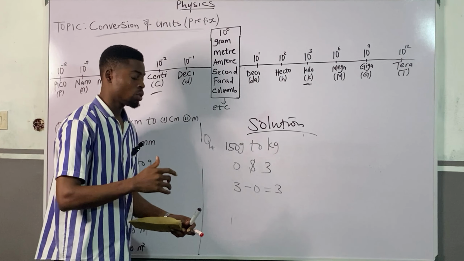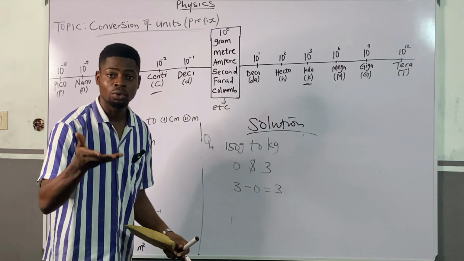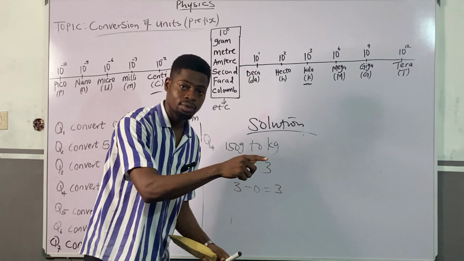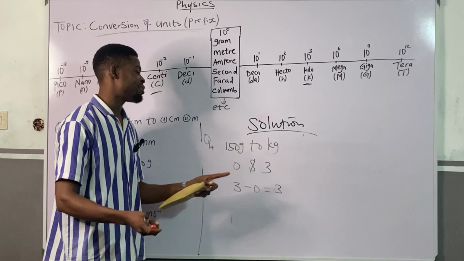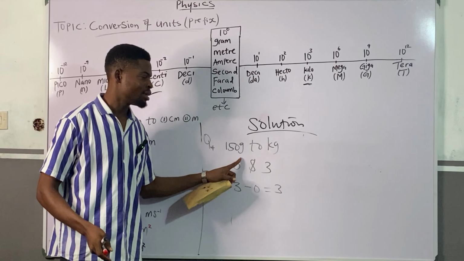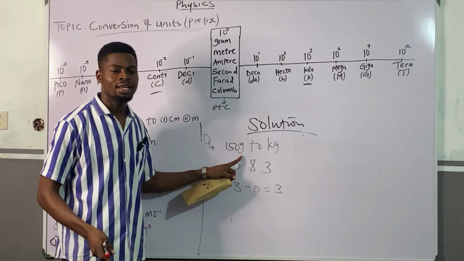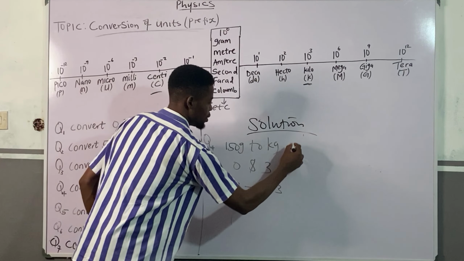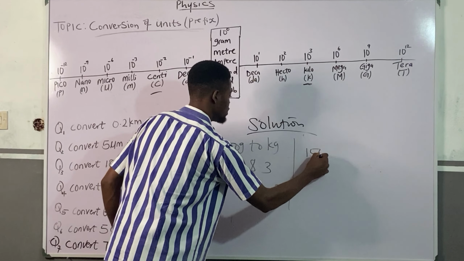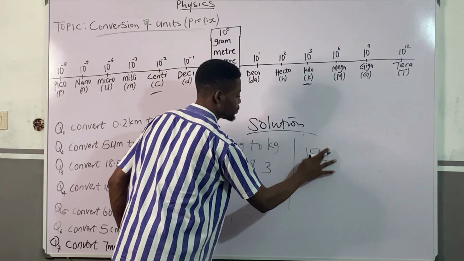Now, we're going to move 3 times. But the question is, are we moving toward the left or toward the right? We are moving toward the left this time because we are converting from a less unit. So we have 150 gram.